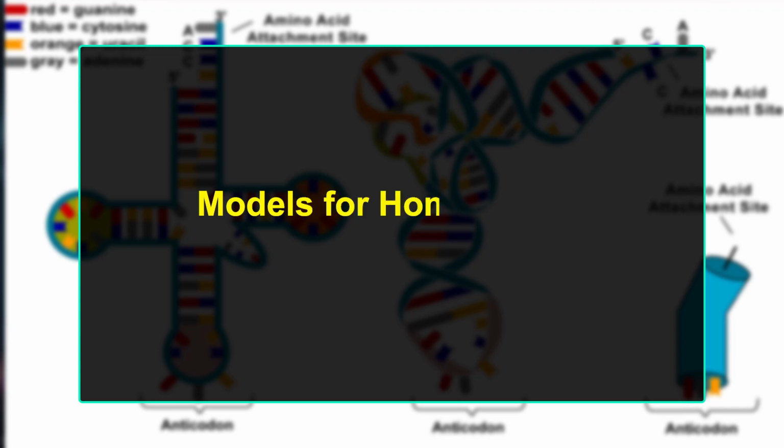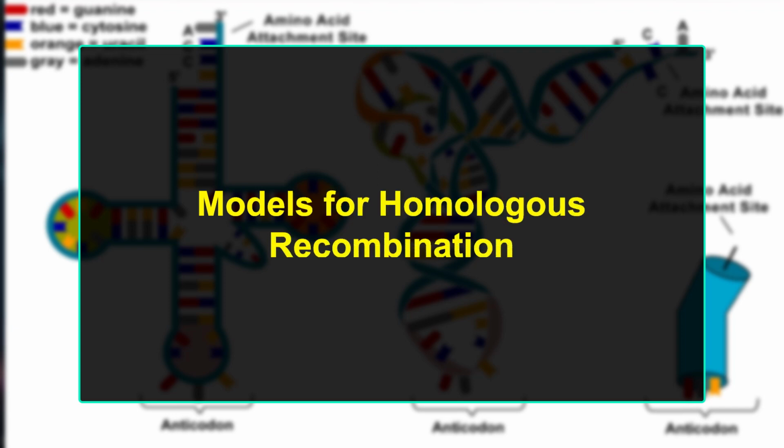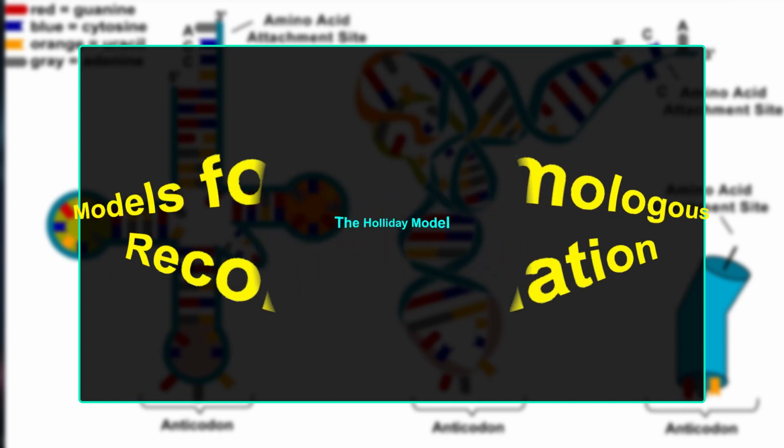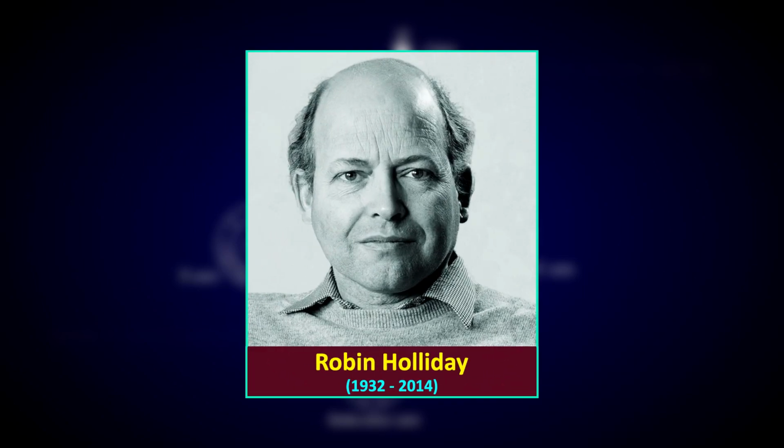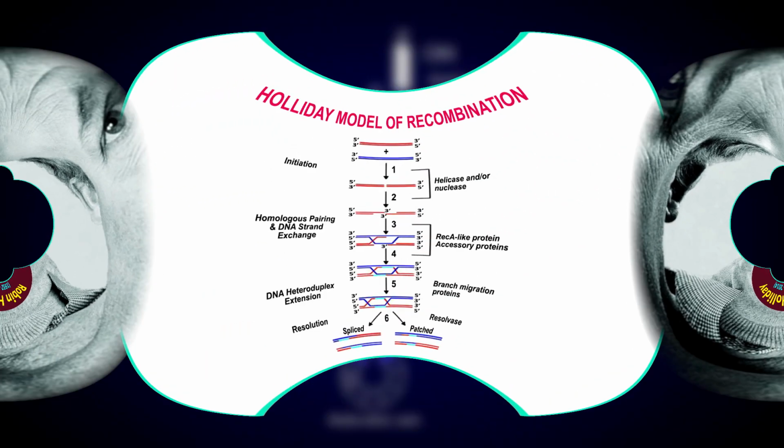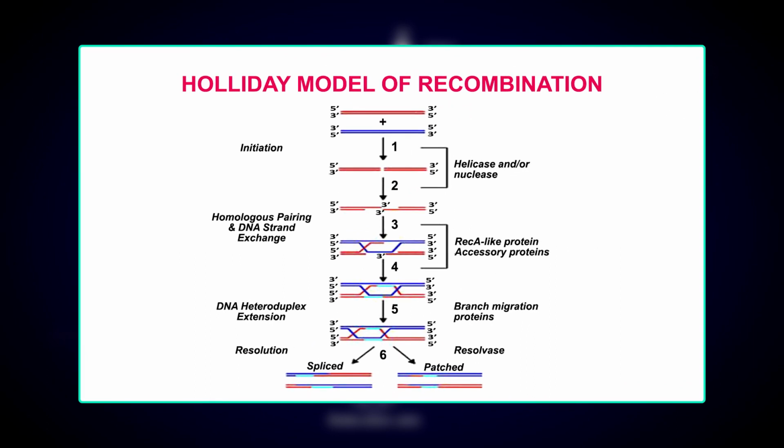Dear students, now we will discuss the models for homologous recombination. The first one, the Holliday model. In 1964, Robin Holliday proposed a model that accounted for heteroduplex formation and gene conversion during recombination, although it has been replaced by the double-strand break model, at least for recombination in yeast and higher organisms.